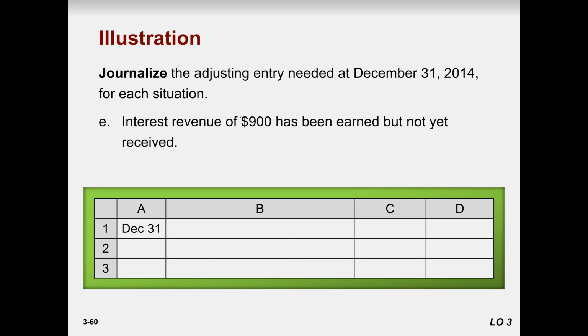Interest revenue. So pay close attention. Interest revenue, which means they are collecting. 900 has been earned but not yet been received. Accrued revenue. So did they receive cash? No. So it means they create a receivable. So here, account receivable to interest revenue.